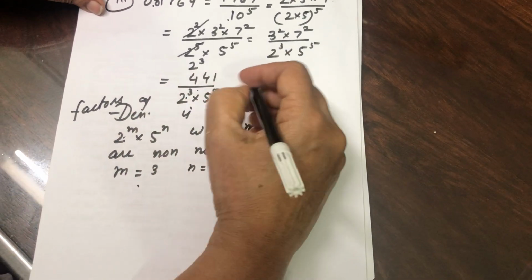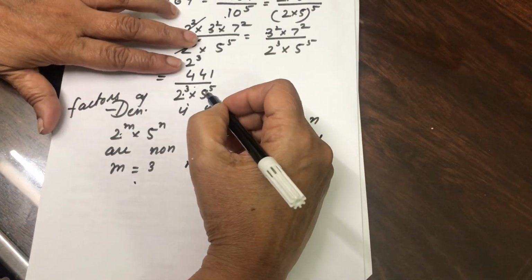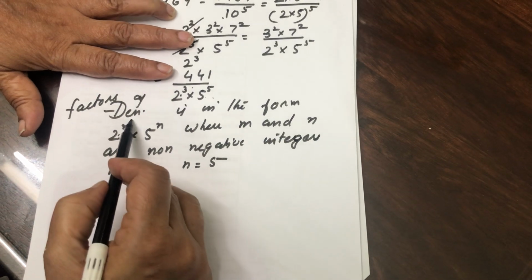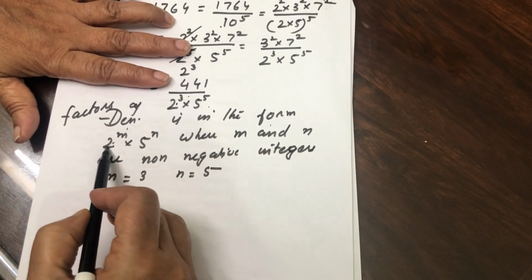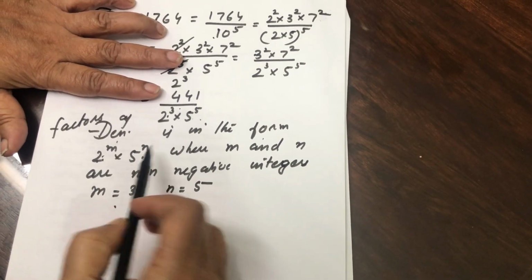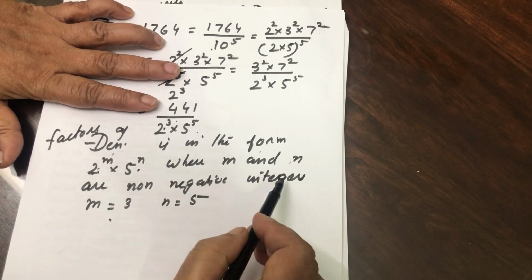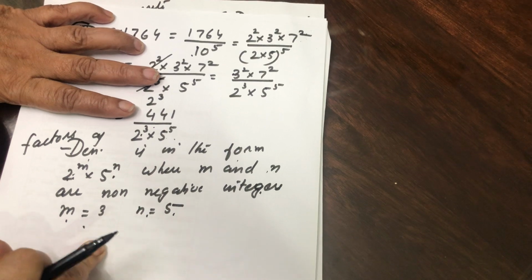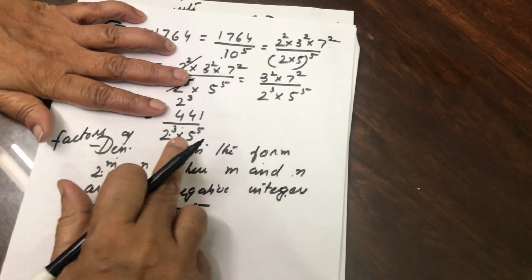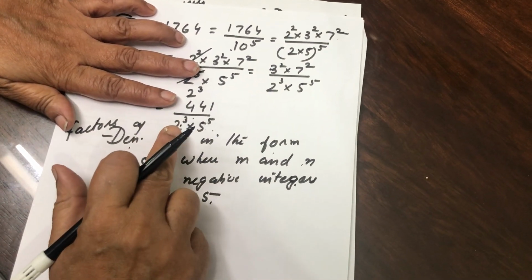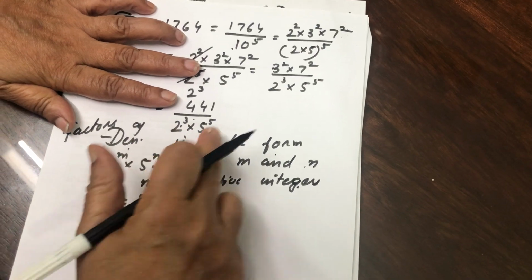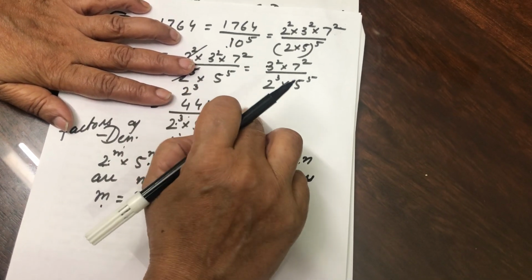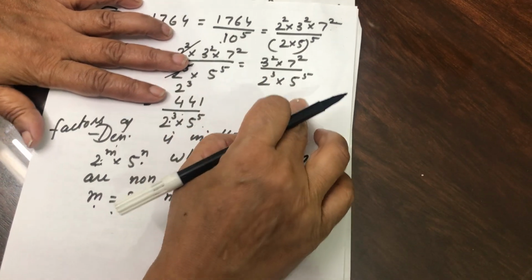That means this is also a terminating decimal expansion, because the factors of the denominator are in the form of 2 raised to m into 5 raised to n, where m and n are non-negative integers. M is equal to 3, n is equal to 5. In simple words, the factors of the denominator have both 2 and 5. Therefore, it has a terminating decimal expansion.